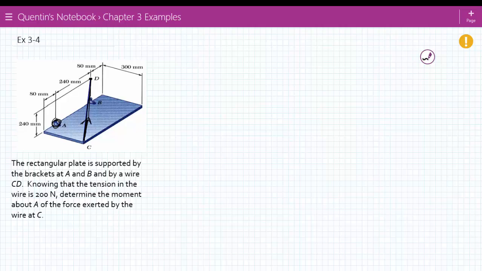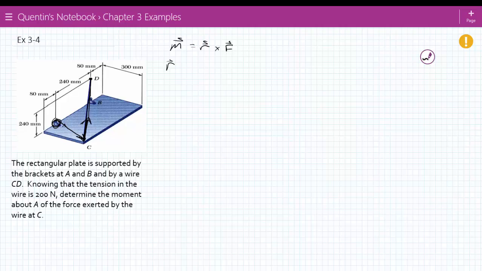Moment is R cross F. So let's define R. What is R? R is a vector from point A to point C. I'm going to write it like this.